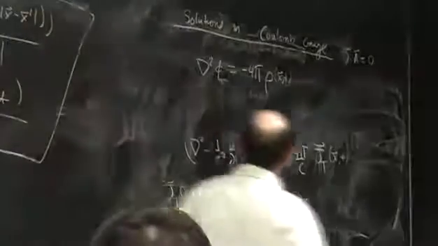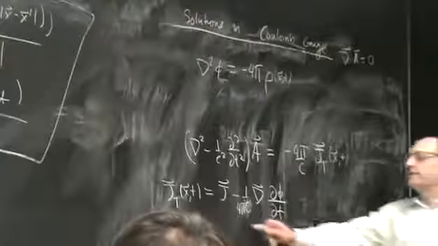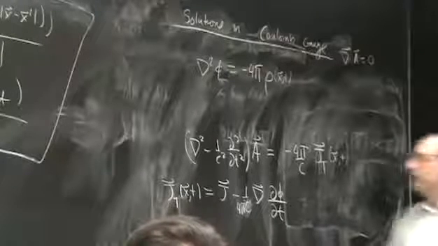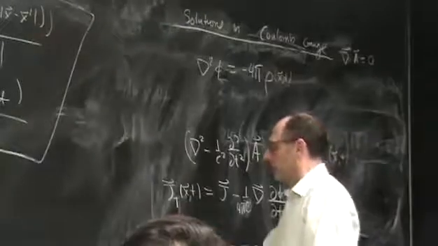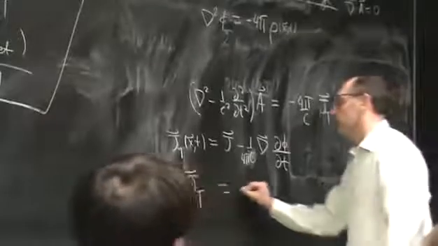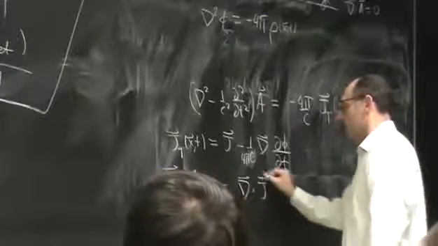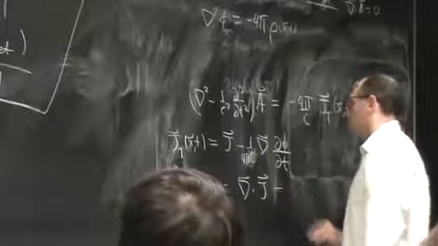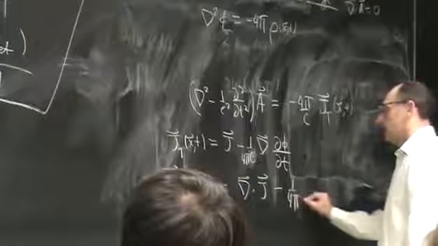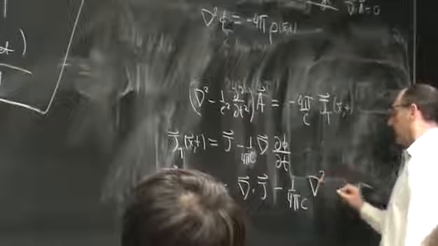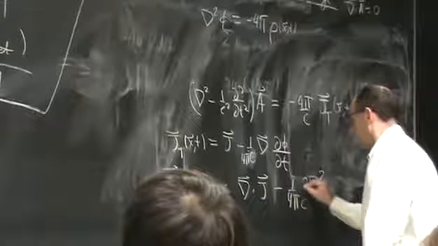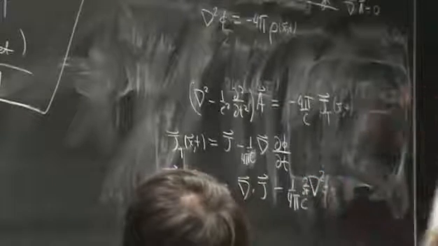All right, so why am I calling this j_T? Well, let's look at what the divergence of j_T is. That's equal to the divergence of j minus 1 over 4 pi c, the Laplacian of d phi by dt, or d by dt of the Laplacian of phi.